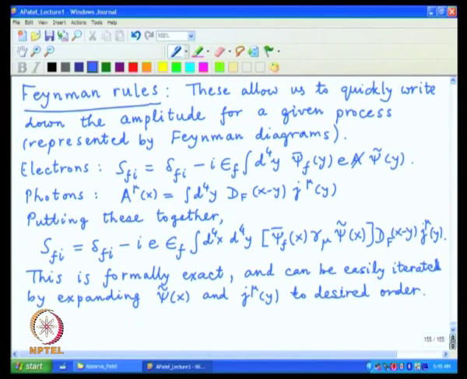And that gives rise to all the description which we can now easily summarize in terms of these so called Feynman rules.